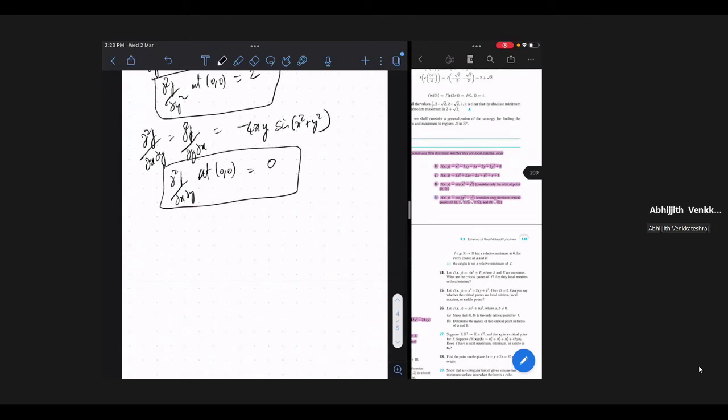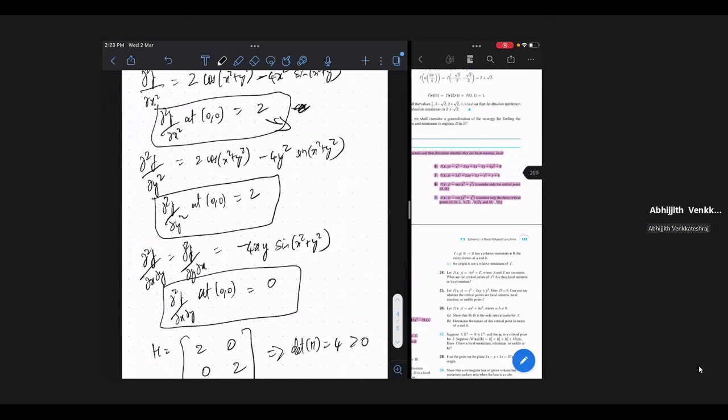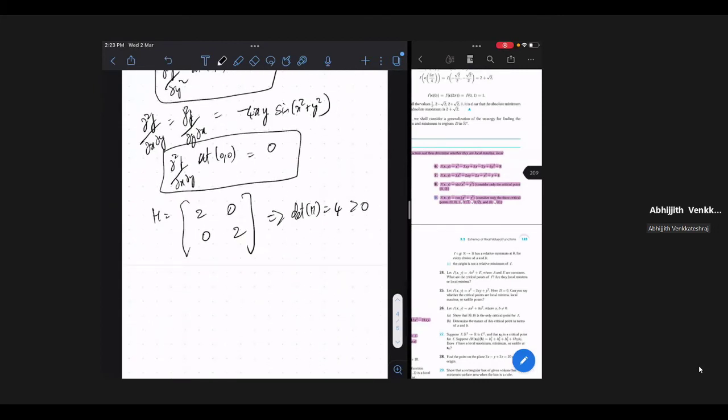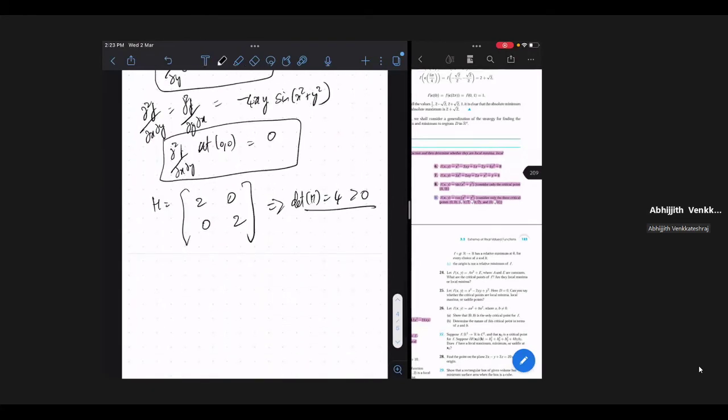So knowing these values, my final Hessian matrix is 2, 0, 0, 2. The determinant of this is 4, which is greater than 0, and my first term is also greater than 0. Since my determinant is greater than 0 and my first term is greater than 0, I can say that 0 comma 0 is a local minimum.